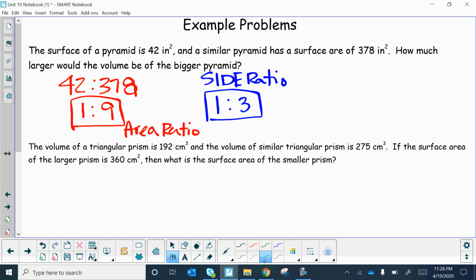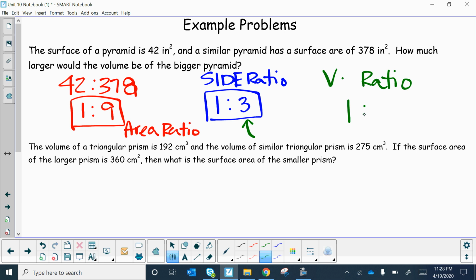That's not what they're asking. They're asking how much larger would the volume be. So now let's consider the volume ratio. What do you do to that? You cube the side ratio, just like we saw in the original example. So 1 cubed is 1. I know we have a lot of examples that are 1 to a number, 1 to this, 1 to that.